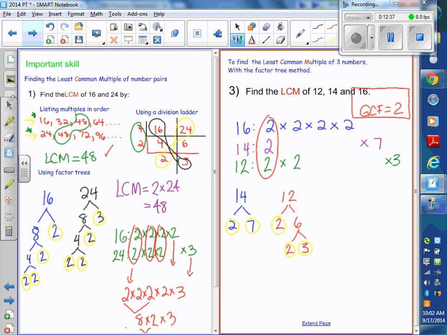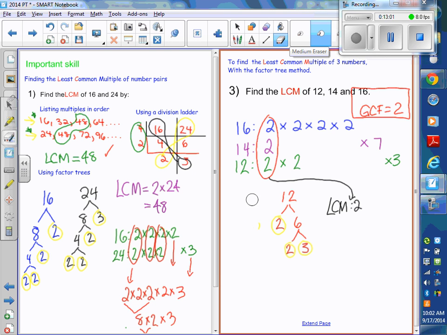And to get the LCM, you take the common number, which is 2, and then you multiply by all of the other numbers that are left over. So to make this easy to follow, you can get rid of these factor trees and work right below my problem. I think it'll be easier to follow.